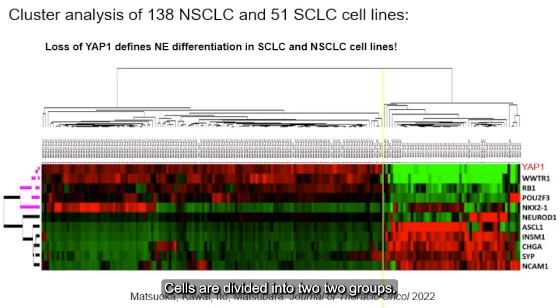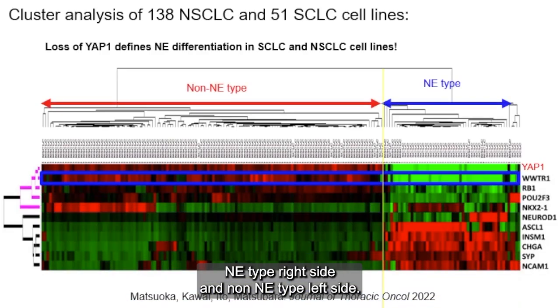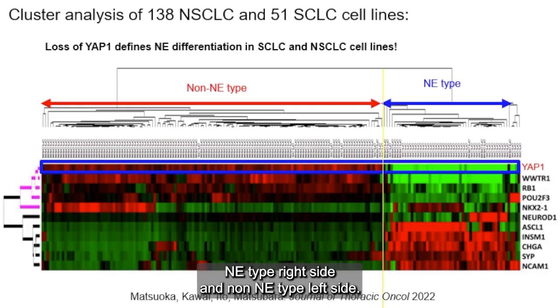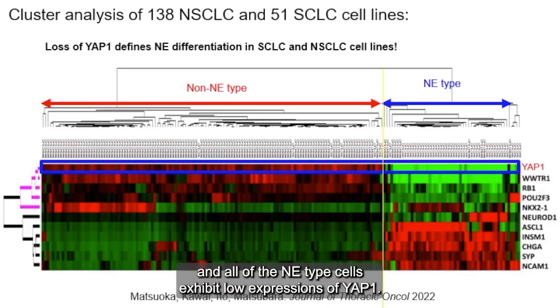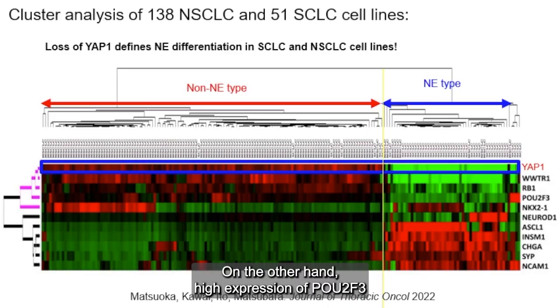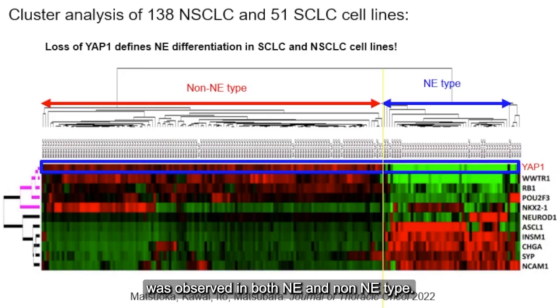Cells are divided into two groups, NE type on the right side and non-NE type on the left side. All of the non-NE type cells exhibit high expression of YAP1, and all of the NE type cells exhibit low expression of YAP1.